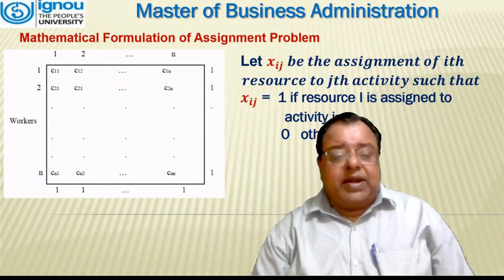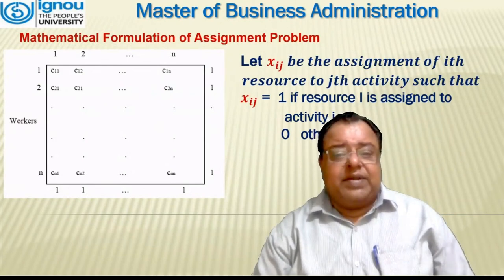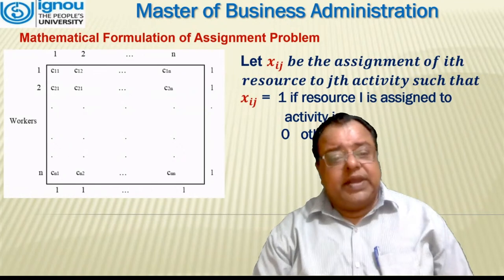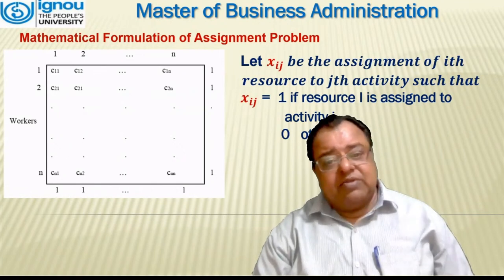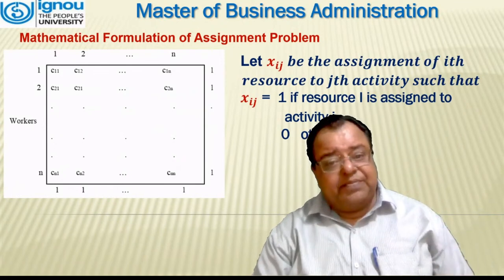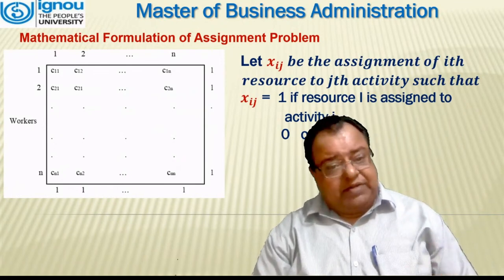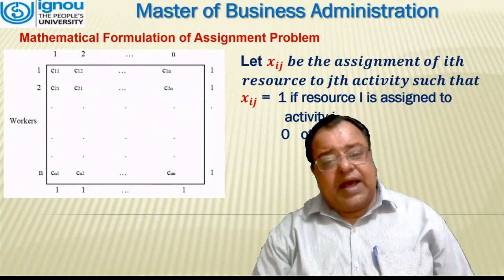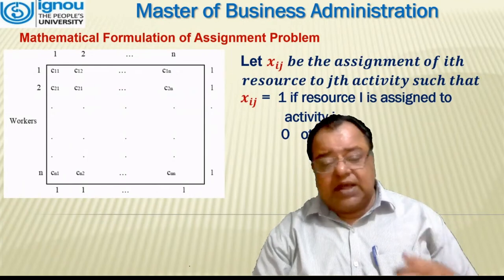What is the mathematical formulation of the assignment problem? As we said, it will be a square matrix. Let Xij be the assignment of the ith resource to the jth activity, such that Xij is equal to 1 if the resource i is assigned to activity j, otherwise 0.